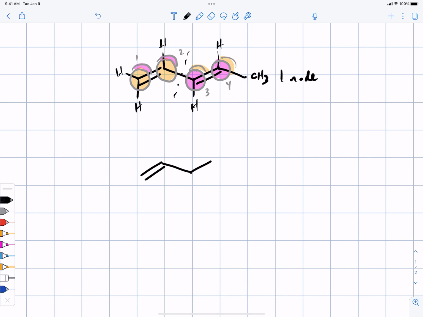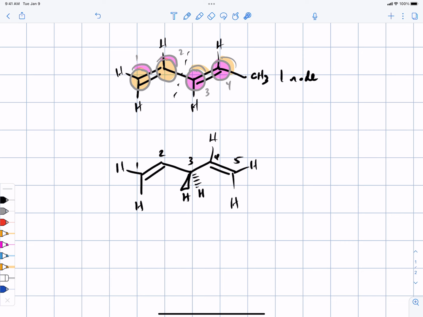How about carbons 1 and 2 and 4 and 5? Are they conjugated with each other? No. Okay, they are not. Why not? You've got an sp3 hybridized carbon in between the two, one that does not have a p orbital on it.